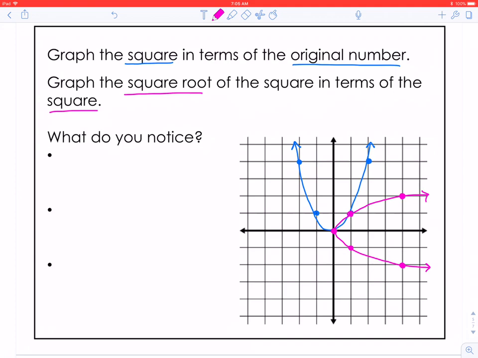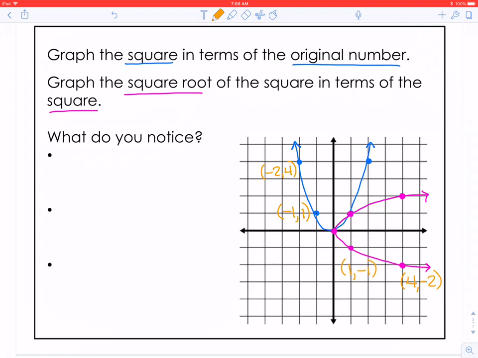Now, there are some things that we should notice. If we were to go point by point, let's take this point, -2, 4, we would notice that when we're looking at the square root relationship, our graph contains the point 4, -2. As we look at the point -1, 1, we see that our square root relationship has the point 1, -1.